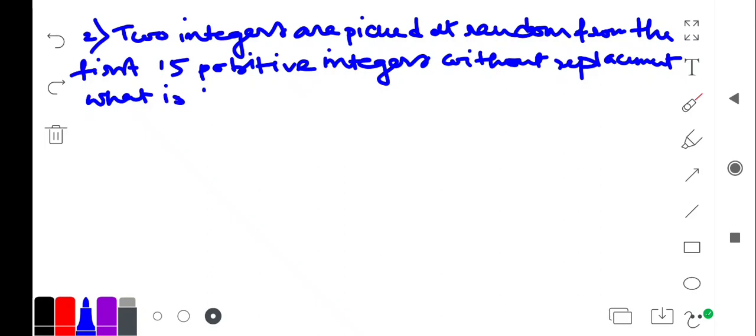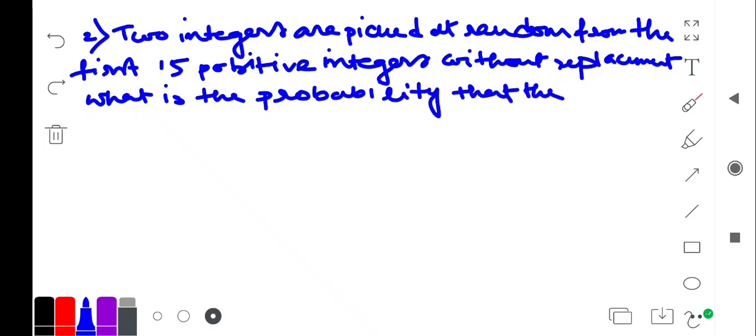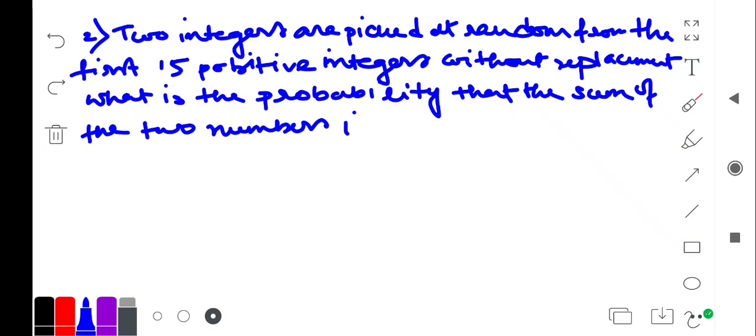What is the probability that the sum of the two numbers is 20?